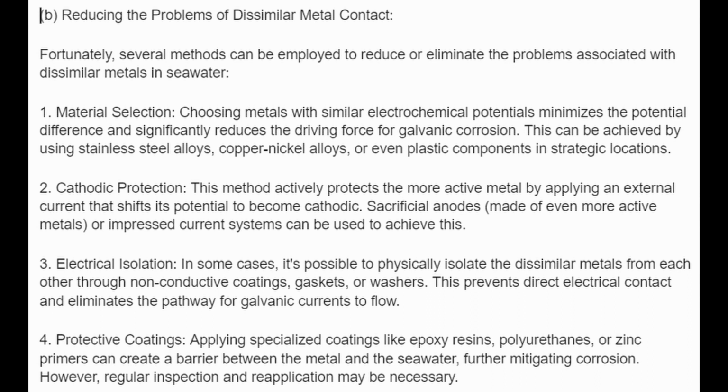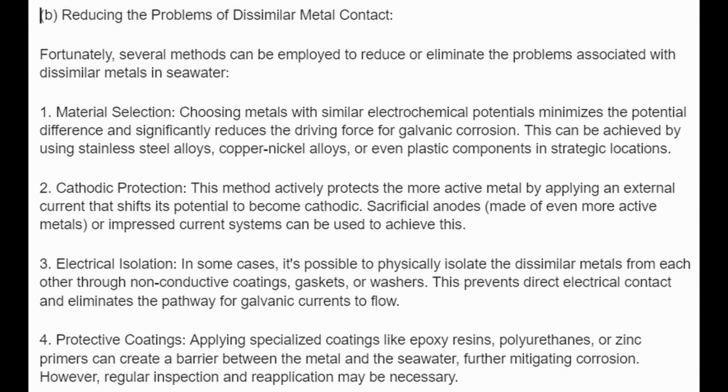Cathodic protection. This method actively protects the more active metal by applying an external current that shifts its potential to become cathodic. Sacrificial anodes made of even more active metals or impressed current systems can be used to achieve this.